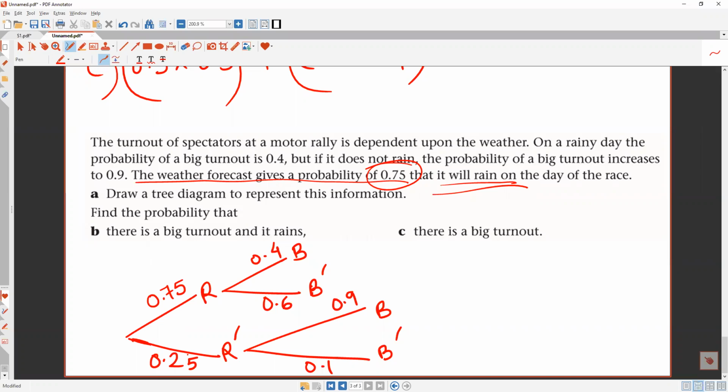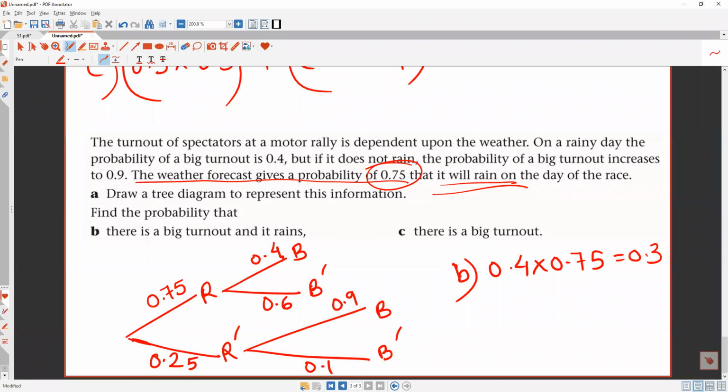Now they are saying that there is a big turnout and it rains. Find the probability that big turnout hoise and rain o hoise. So for B part, probability of big turnout and rain is 0.4 multiplied by 0.75, which is 0.3.